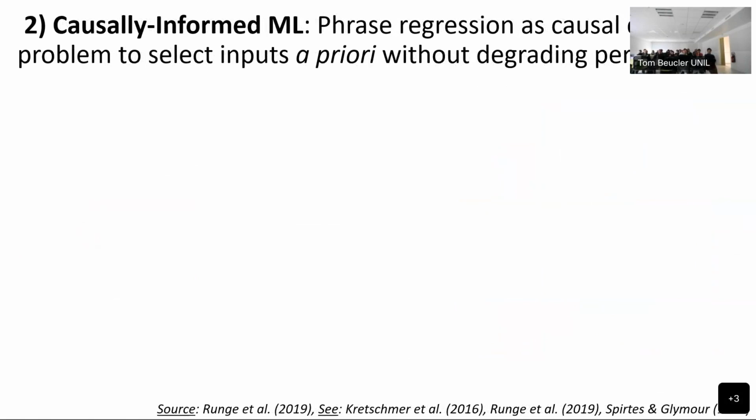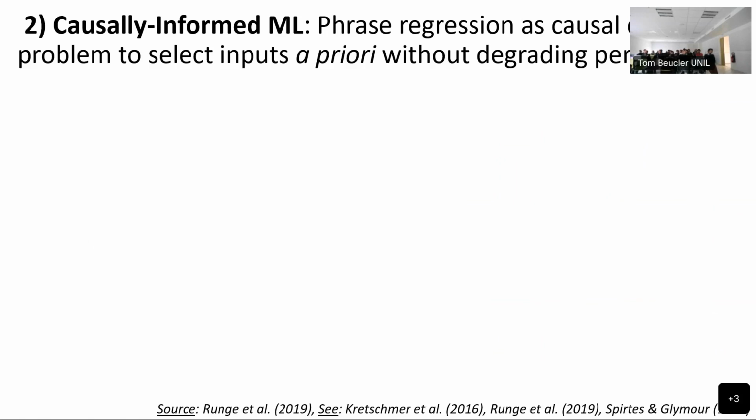So in the previous case, could we have learned a priori not to select the upper atmospheric inputs that led to spurious relationships? For that, you can phrase your regression problem as a causal discovery problem, so that you can select the inputs a priori, before you even train any machine learning algorithms on your problem.